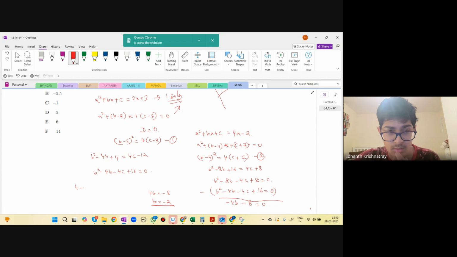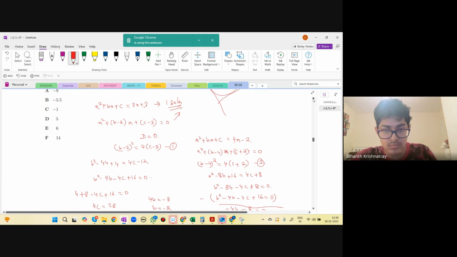Now I use one of the two equations to get c. Let me put it back here. So 4 minus 4 into minus 2 is plus 8. Minus 4c plus 16 equal to 0. So 4c is 16 plus 8, so c is 6, and b minus c is minus 8.